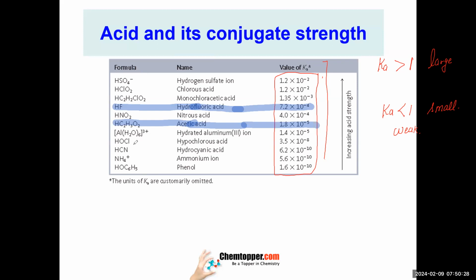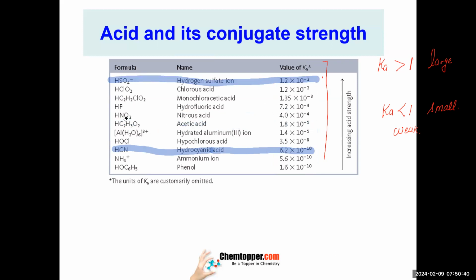Okay, compare this one with this one. Which one is stronger? Yes, HSO4 minus is stronger. Now, before I start teaching you anything else, let's do one thing.